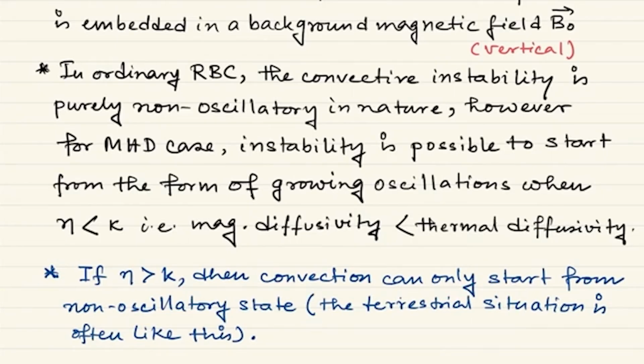Most of the terrestrial situations are exactly like that, because for most materials, most laboratory plasmas, and also very often space plasmas, the magnetic diffusivity is much larger than the thermal diffusivity. Now it is your task to find some instances, or at least one instance, where eta is less than kappa.